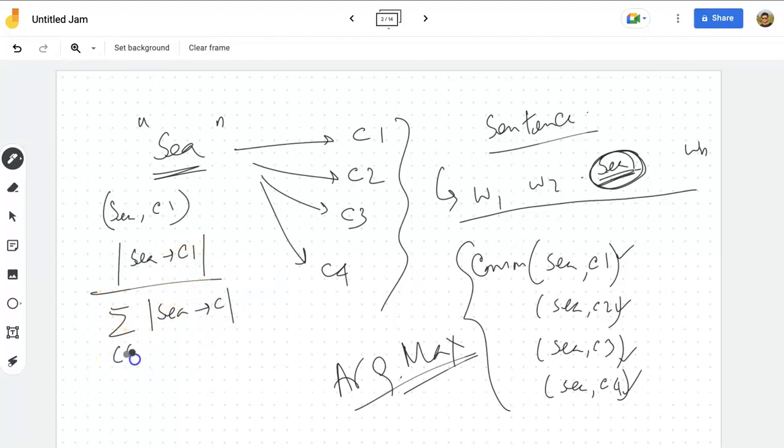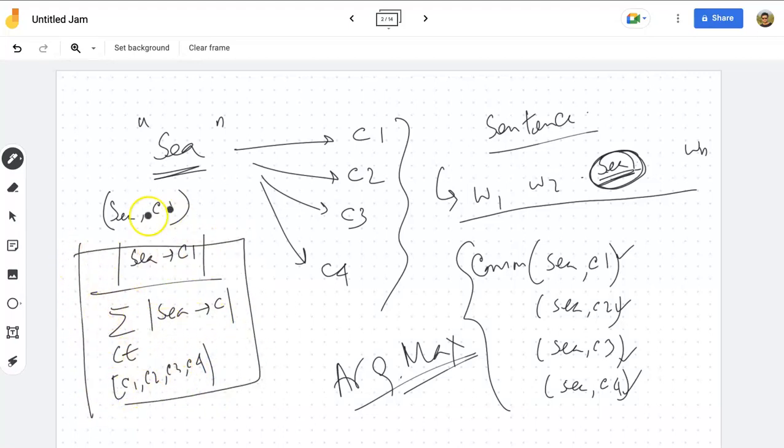C belongs to C1, C2, C3 and C4. If you see the formula, the denominator is the same for all the options: C1, C2, C3, C4. The only thing that changes is the numerator, which is proportionate to the number of times the word is connected to individual items.